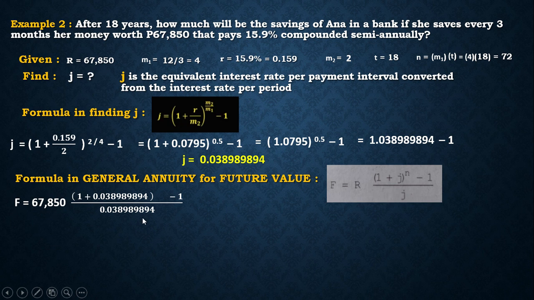Ito po siya sa problem. And then yung J, naging 0.0389889894. Yung J po sa baba, ganun din, 0.0389889894. And then yung N, which is 72. Ayan po. And then minus 1.